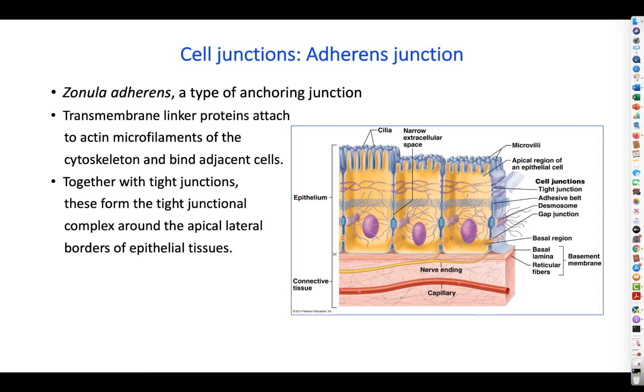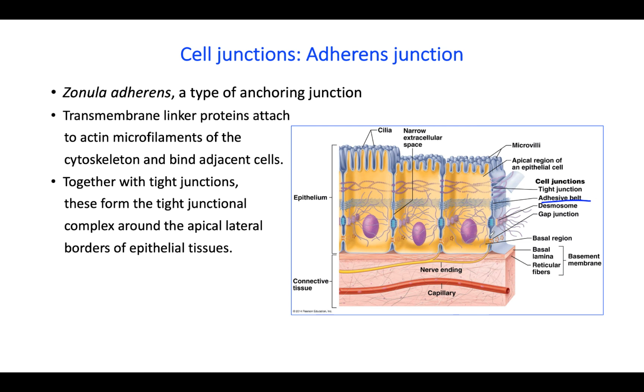So the relay of actin microfilament throughout the cytoplasm between cells forms this kind of adhesive belt. Can you see? Here's the adhesive belt. This is the example of adherens junction.